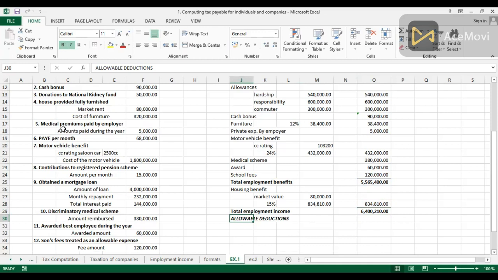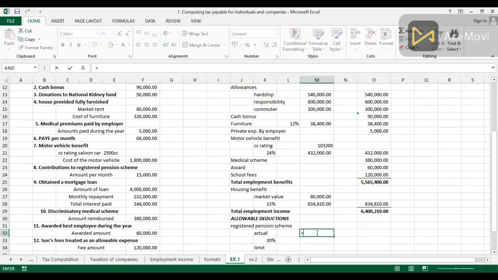So we have here. Okay, we have contributions to pension scheme. So we'll have a registered pension scheme. So for the registered pension scheme, we have the actual. Then we have 30%. Then we have the limit, isn't it? So for the actual here, you can see 15,000 per month.